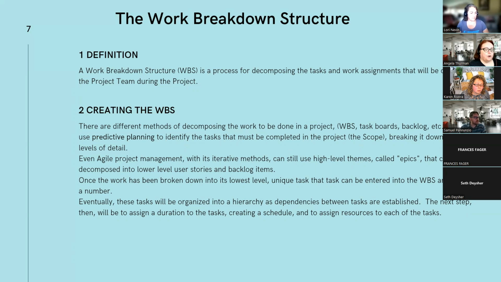And so once the work has been broken down to its lowest level, individual, unique tasks, you can create the WBS hierarchy, and you assign each of those work units a unique number. And eventually all of these tasks are then organized into this hierarchy structure based on this numbering system.